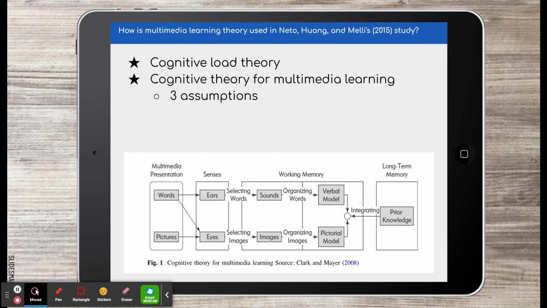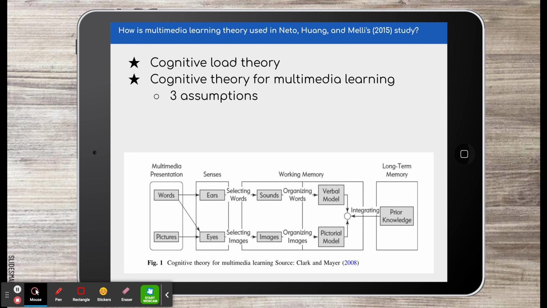And so the instructional material might contain graphics and words. Here in figure one, again, you'll see the cognitive theory for multimedia learning. This image comes from Clark and Mayer, and it illustrates that the multimedia presentation may have words and pictures.